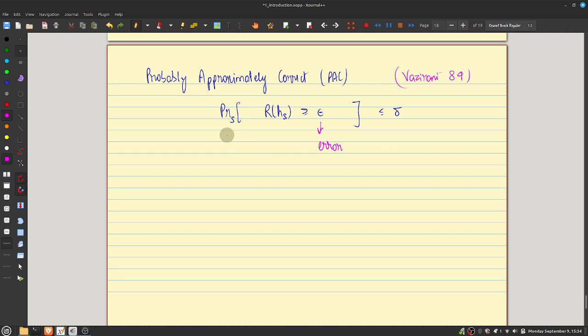Okay, so I've defined things in this particular way, but do you see that there's a problem with this definition? Of course, it depends on epsilon and delta. That's fine. Yeah, that's okay.